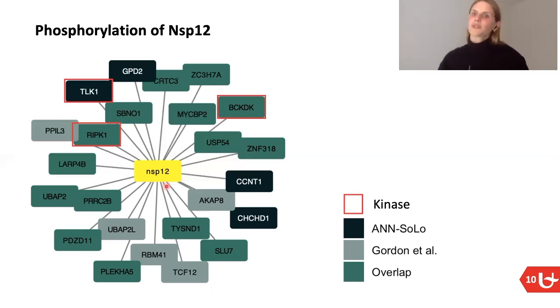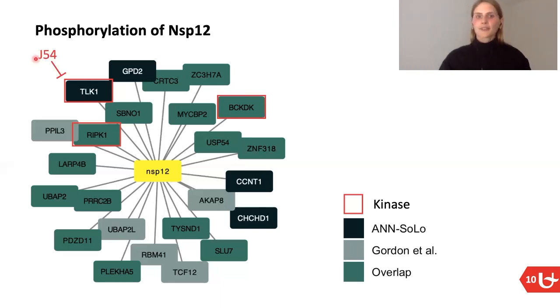We reproduced 2 interactions with human kinases and additionally identify its interaction with a human kinase that was never reported before. After kinase-specific site prediction, we found that one of the phosphorylation sites, namely threonine 21, is predicted to be phosphorylated by TLK1.